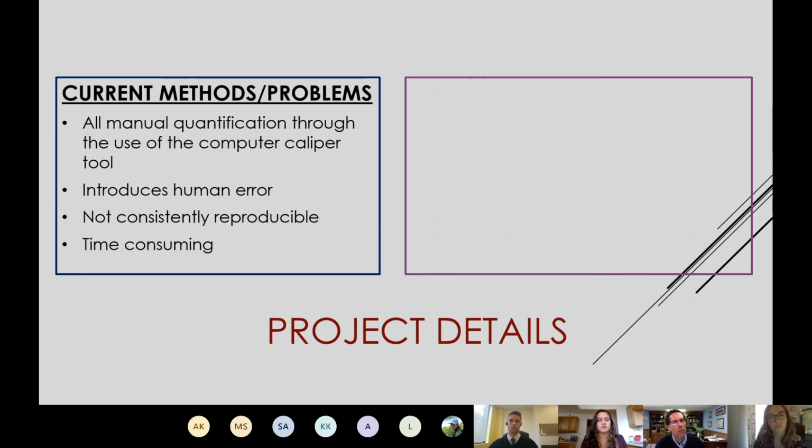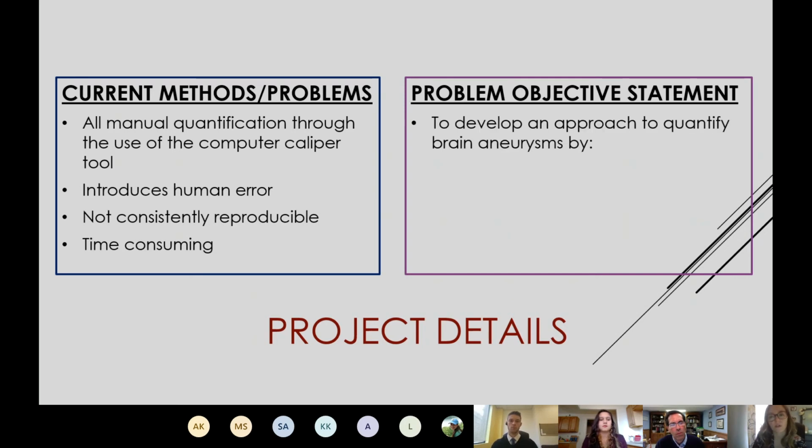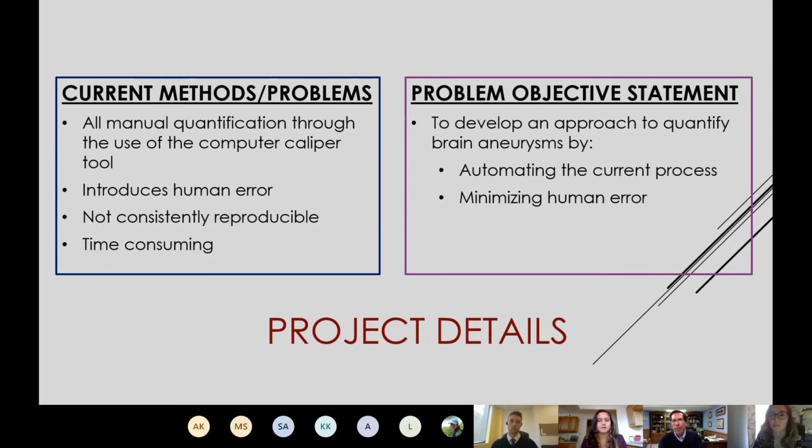Lastly, it is also time consuming for each of them to go and use a computer tool each time that they want to measure the aneurysm. So our problem objective statement targets those problems, and our problem objective statement is to develop an approach to quantify brain aneurysms by automating the current process as well as minimizing that human error.